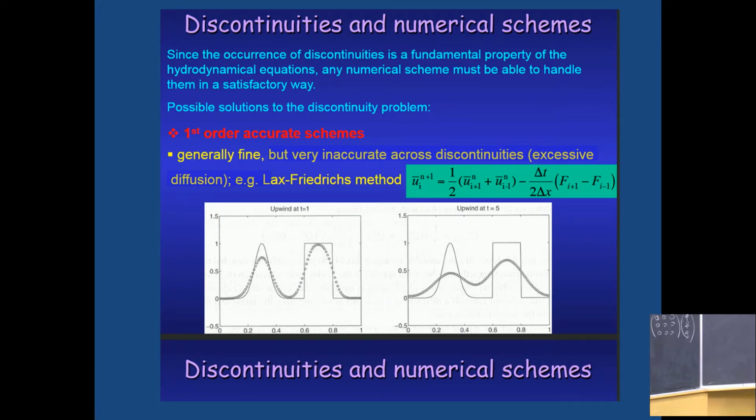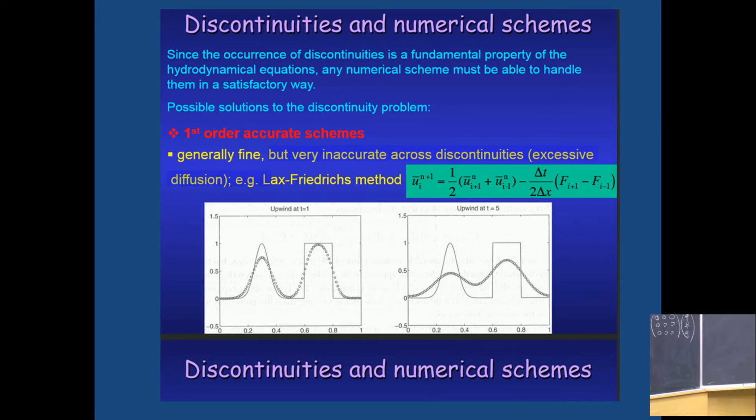We just picture this: you take the value of the cell at n+1 at the center i, and then average the cells at the left and at the right of the one you're trying to iterate. And then you just do this, where the fluxes are simply evaluations using these values. So this is just a simple first order in time, first order in space method.